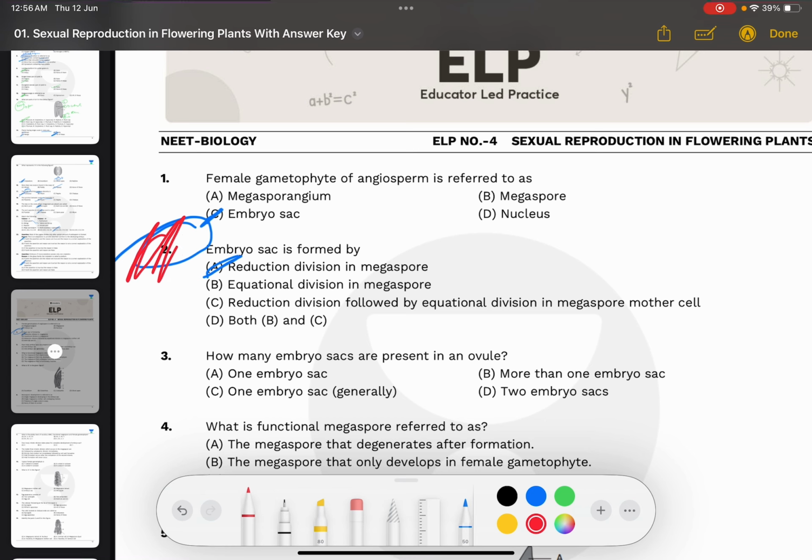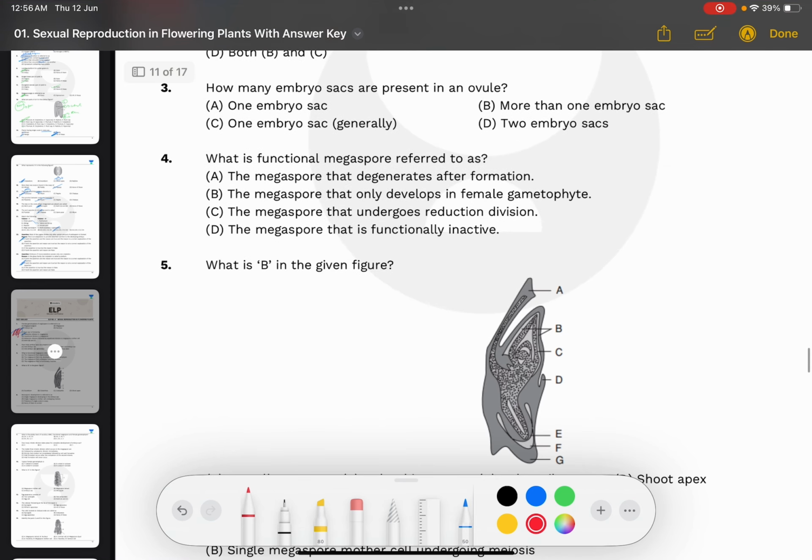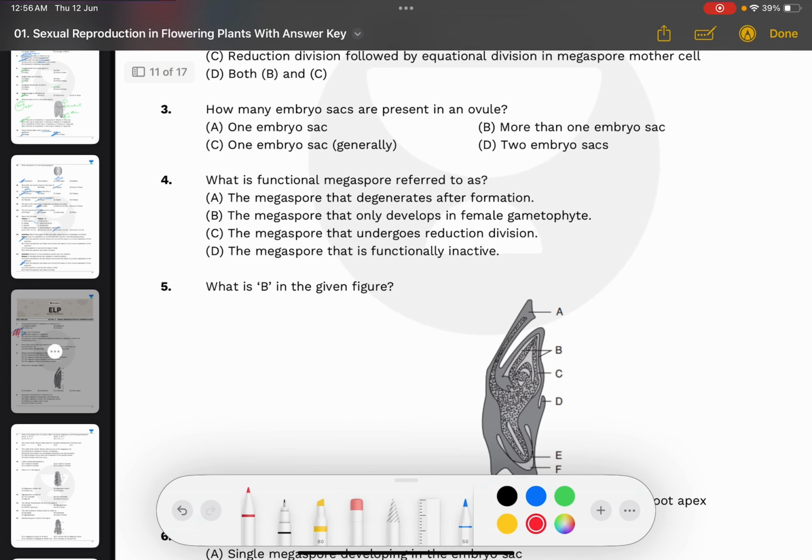This question is: how many embryo sacs are present in an ovule? I think one embryo sac, more than one embryo sac, 2 embryo sacs, 1 embryo sac. How many embryo sacs? Only 1 embryo sac.